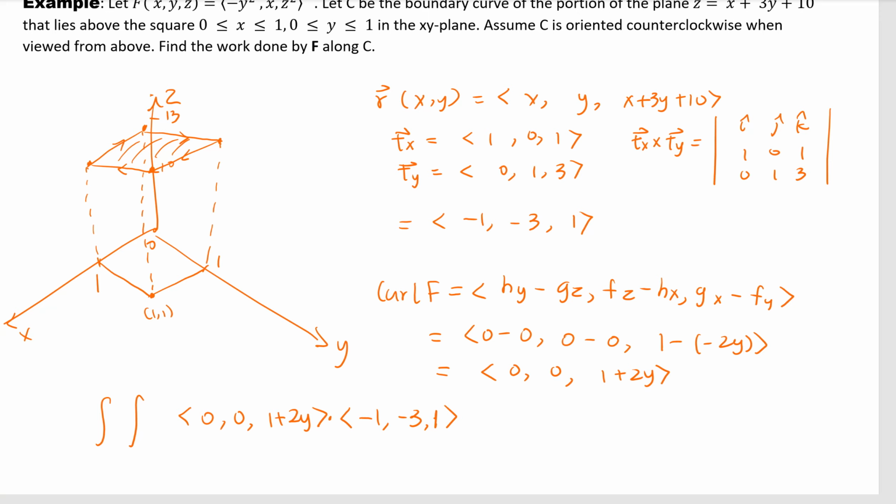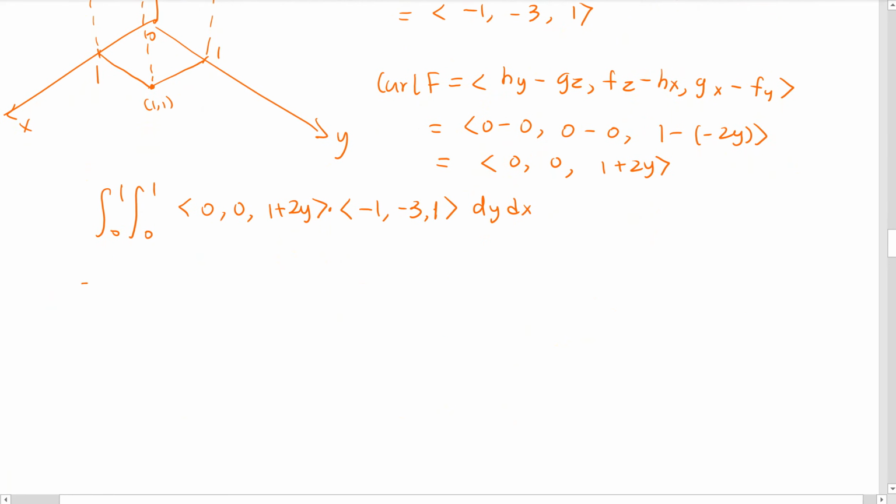Okay, and x and y are between 0 and 1. So, because it's a square, the order doesn't matter. We can do dy dx. So what is the dot product? It's just 1 plus 2y.